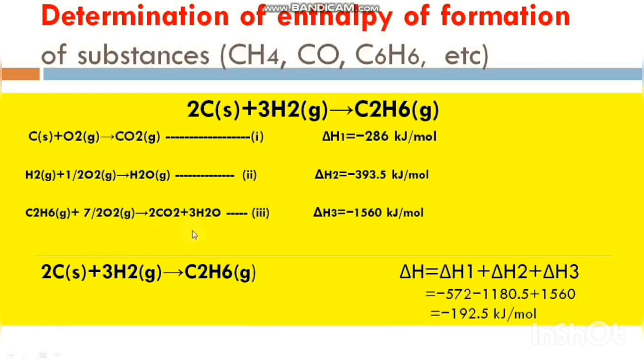As in the required equation, carbon and hydrogen are on the reactant side and there are 2 moles of carbon and 3 moles of hydrogen. So we add the first and second equations, and we multiply the first equation containing carbon by 2 and also multiply delta H1 by 2, and it comes out to be minus 572 kilojoule per mole.